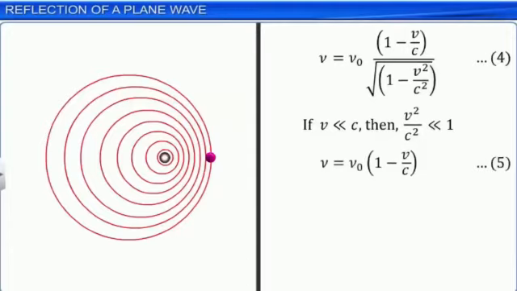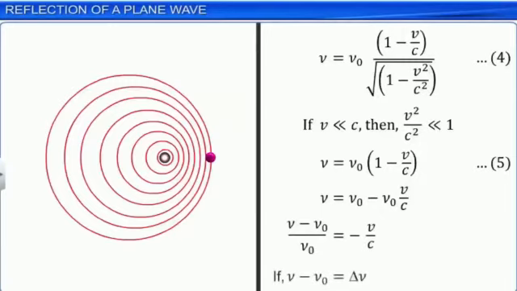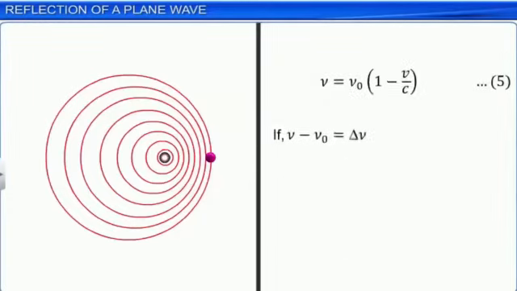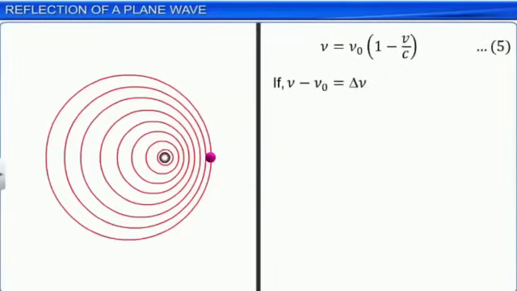Again, that can be written as nu equal to nu naught minus nu naught into v by c. Once again, that can be rewritten as (nu minus nu naught) divided by nu naught equal to minus v by c. If the change in the frequency, nu minus nu naught, is written as delta nu, then the fractional change in the frequency, delta nu by nu naught, is equal to minus v by c.